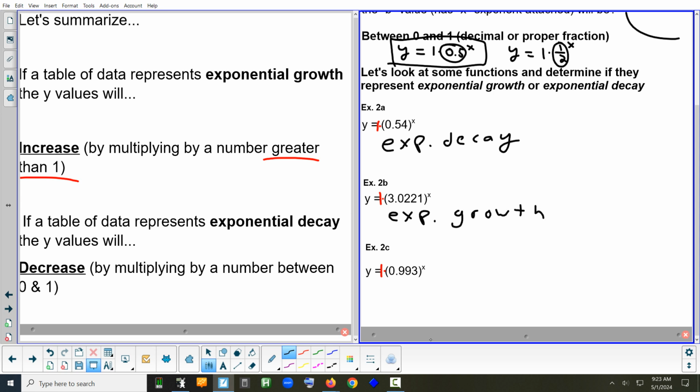And lastly, example 2C, what's the B value there? 0.993. 0.993. Is that greater than 1 or between 0 and 1? Between. Yeah, just barely between. But it's still between 0 and 1. So it's going to be decay, just barely.